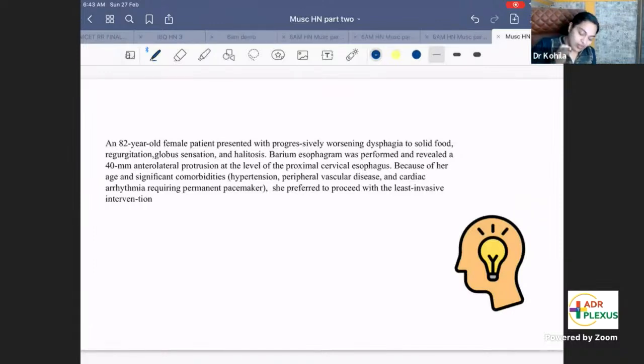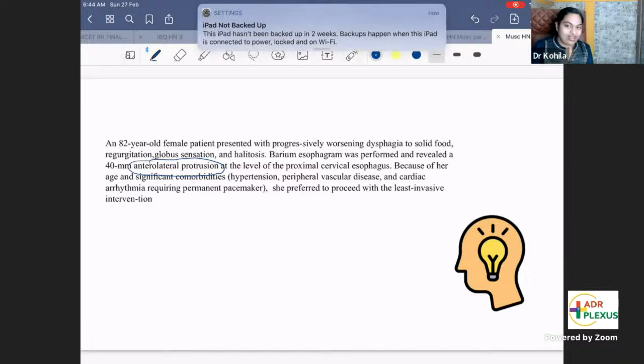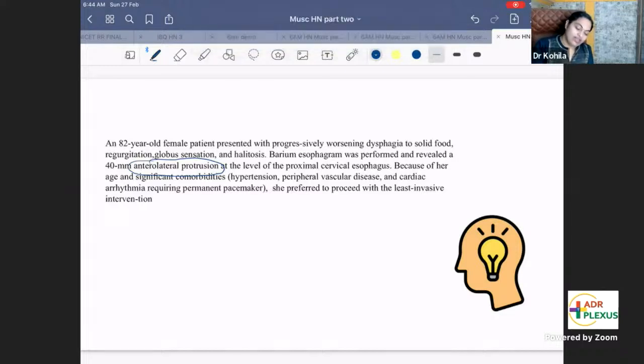I'll read it for you, but I'm going to concentrate on just one term here. An 82-year-old female patient presented with progressively worsening dysphagia to solid food, regurgitation, globus sensation, halitosis. Barium esophagogram was performed and revealed a 40 mm anterolateral protrusion at the level of the proximal cervical esophagus.